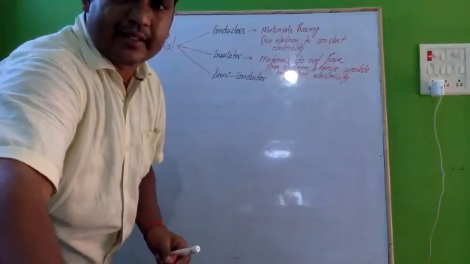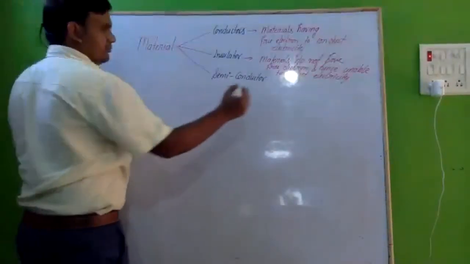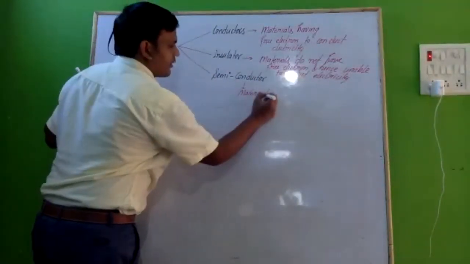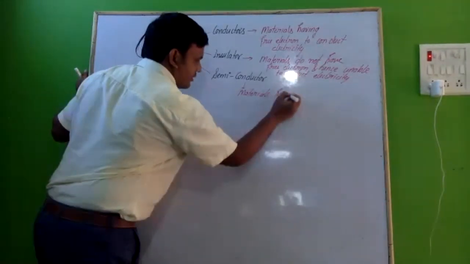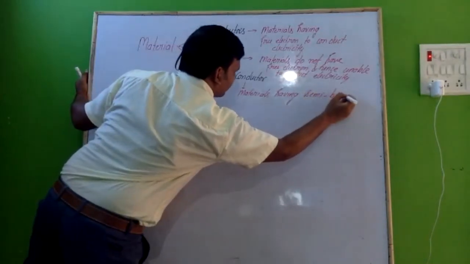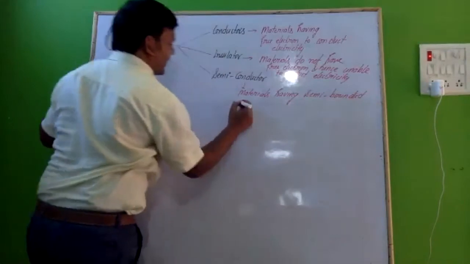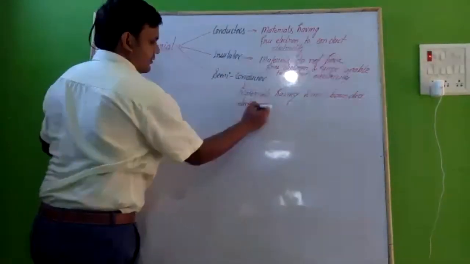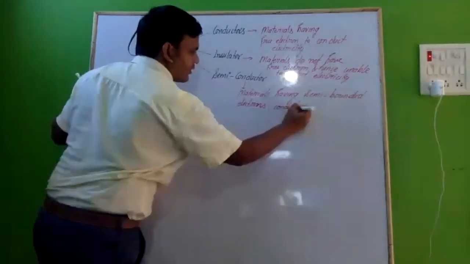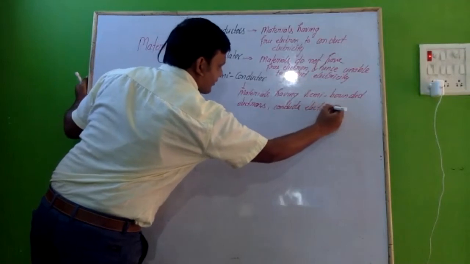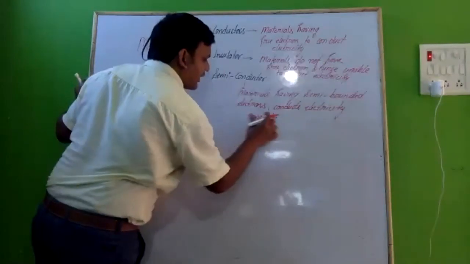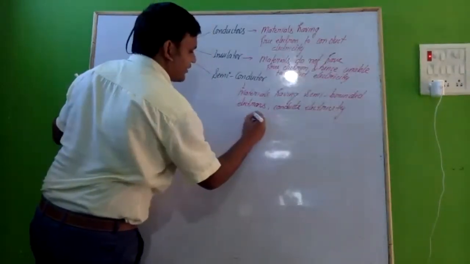Semiconductor will be your materials having semi-bounded electrons. Semi-bounded electrons conduct electricity sometimes. You can say they conduct electricity at a specific condition.